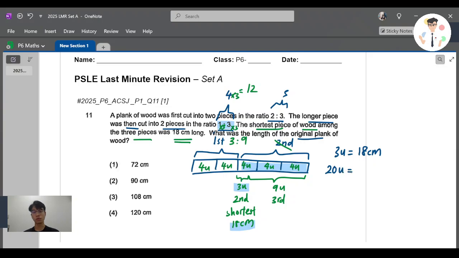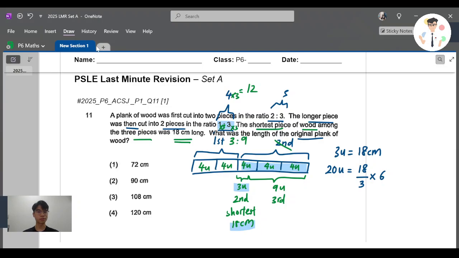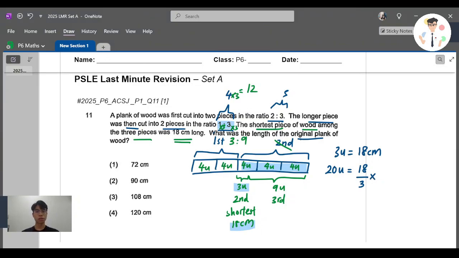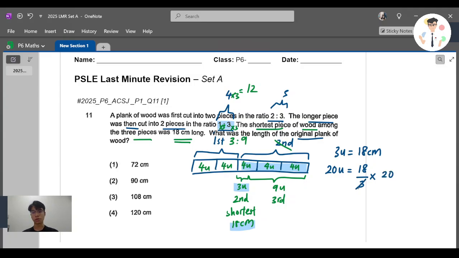So 20 units will be equivalent to 18 divided by 3 times 20. 3 and 18 simplify to 6. 6 times 20 is 120, and this is in cm. So our answer for options 1, 2, 3, 4 is 4.